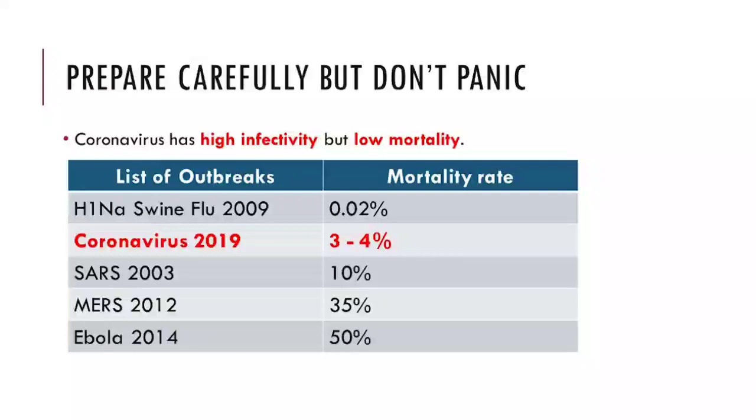MERS, the Middle East Respiratory Syndrome virus, in 2012, the mortality rate was 35%. Ebola virus in 2014, the mortality rate was 50%. Look at coronavirus 2019, the mortality rate is 3 to 4%. But because of its high infectivity, we need to take action to protect ourselves.